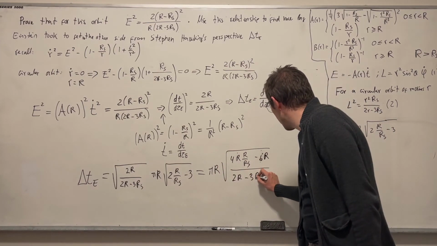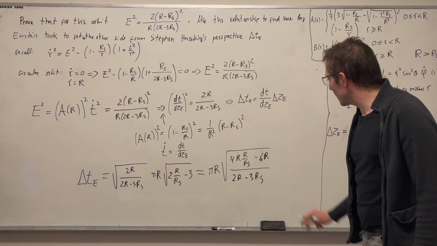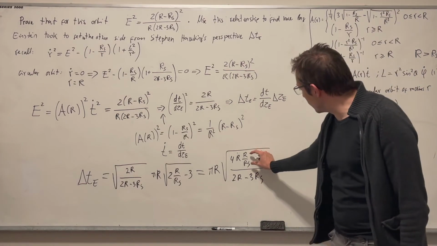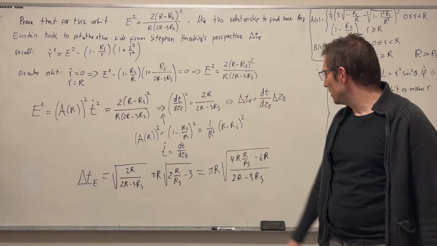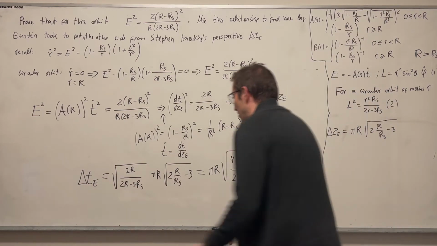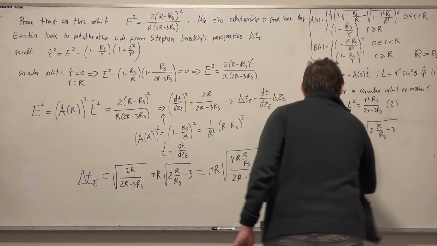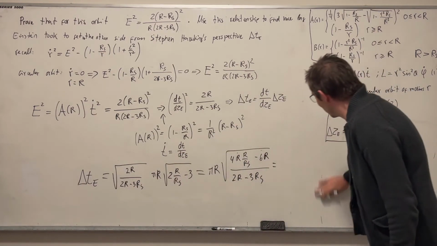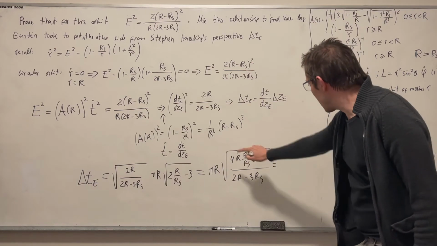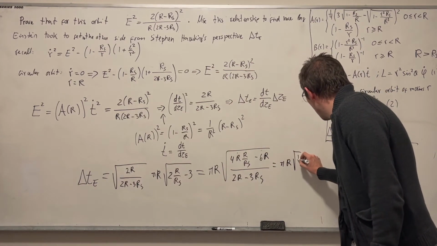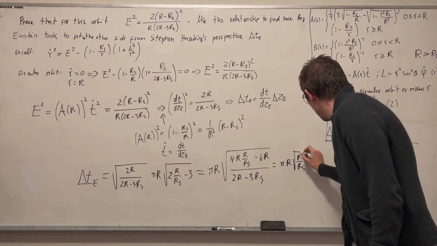This 6 looks horrible, so what I can do now is take one r over rs factor outside. Let's do that, because it's going to be fun. So I have π r, and then r over rs outside.